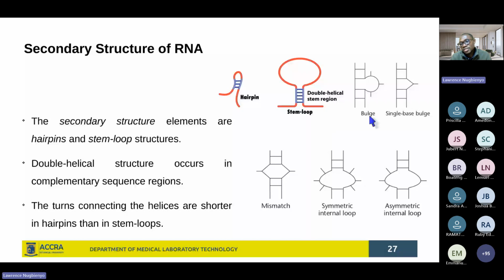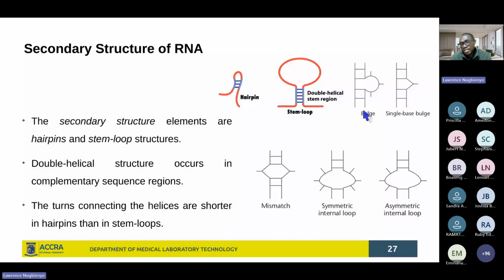What it means is that you have a stem region where you have some complementary base pairs, and then along the line, you have some uncomplementary base pairs that bulge out of that stem, and then right after that, you have complementary base pairs, and so the stem continues.